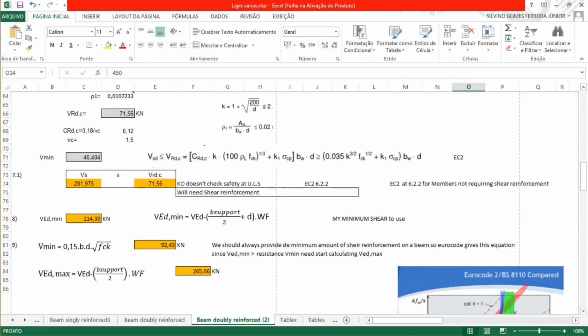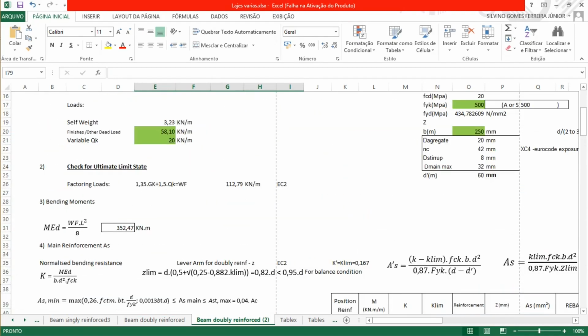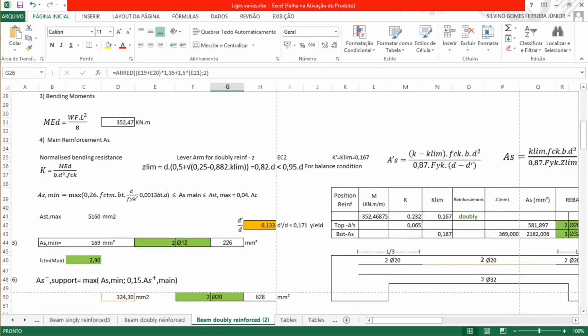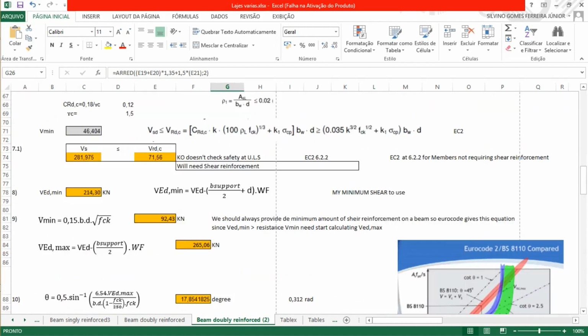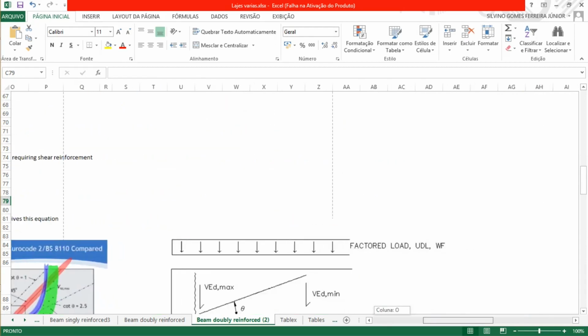Multiplied by the factored load, the UDL at ultimate limit state, which is basically 112.79. So we replace all this and we get the VED minimum, that was 214.30. We got this value here.